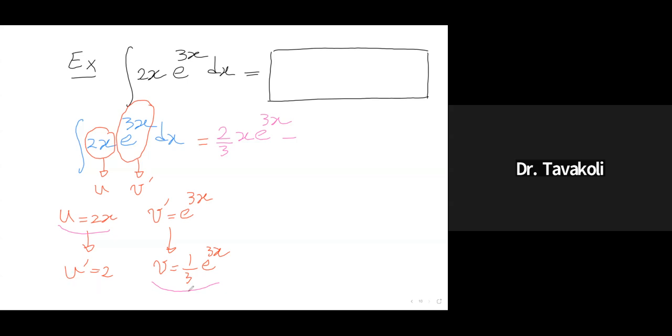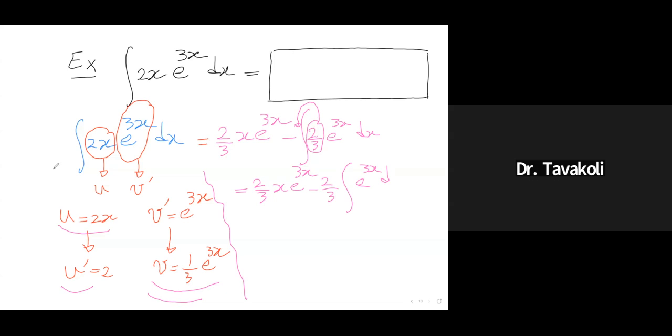And v is 1/3 e to the power of 3x. So 2 times 1/3 is 2/3 e to the power of 3x dx. So 2/3 x e to the power of 3x, and 2/3 is a constant here that can be pulled out of the integral. So minus 2/3 times the integral of e to the power of 3x dx.